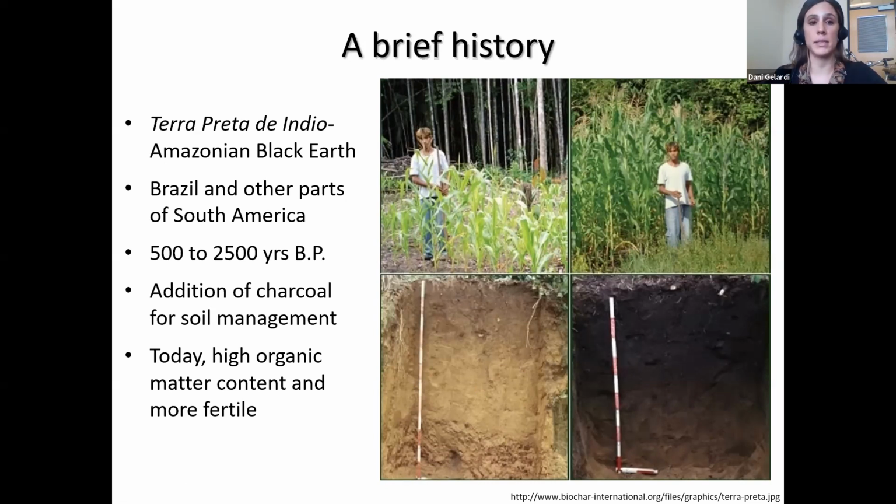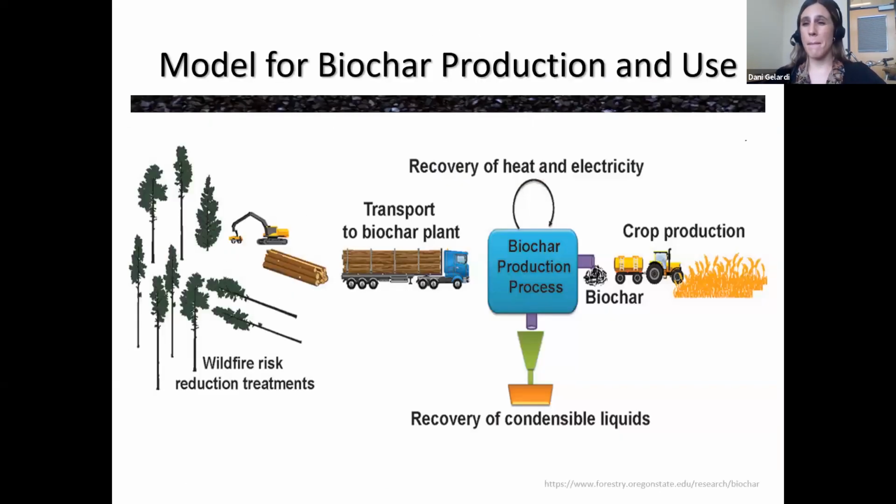And so people started to pay attention to these soils and think, how can we adapt this for modern cropping systems? So one kind of idealized model for biochar production and use that's specifically relevant to California is perhaps to aid in forestry thinning. So we know that because of the drought and because of the pine beetle, we have a lot of dead forest trees. And so one possible model for biochar production would be to thin the forest trees, transport that wood to a biochar production process facility.